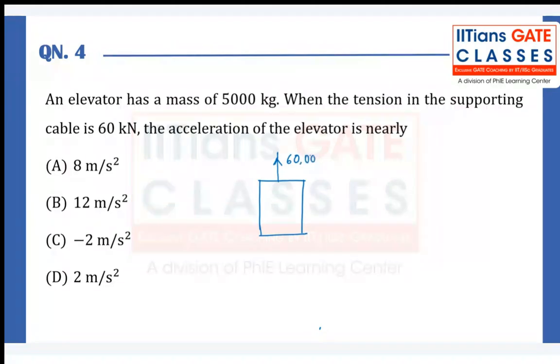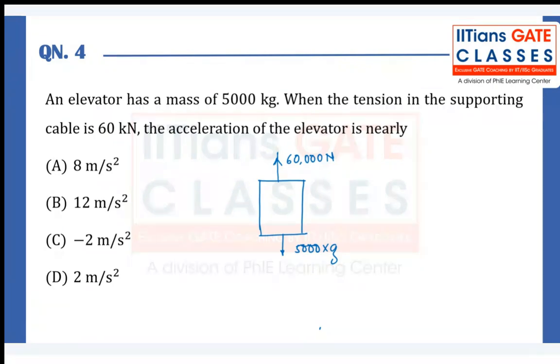So it is 60,000 Newton, we can say, and the mass of the elevator is 5,000 kgs. 5,000 into g is the weight acting in the downward direction.